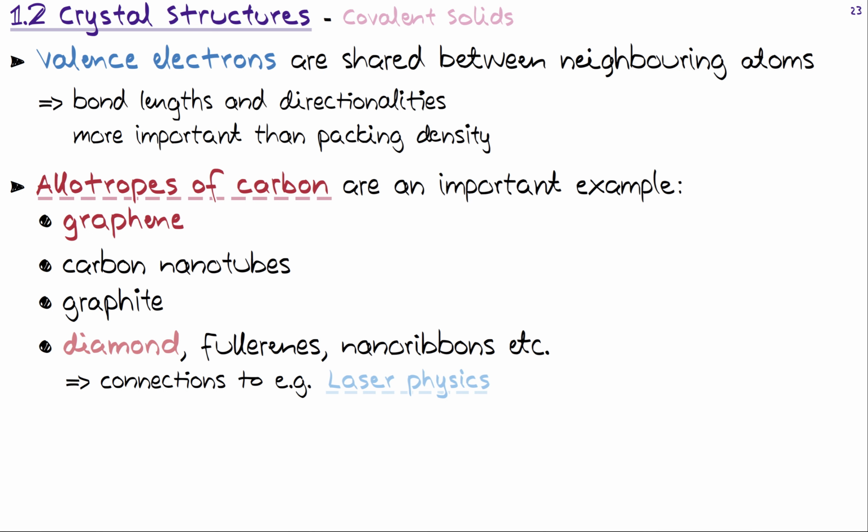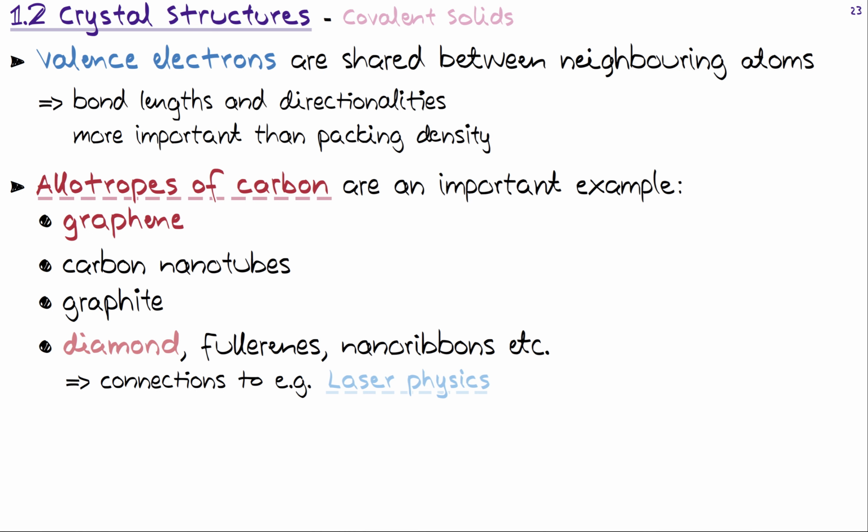And here I have a background in laser physics and optics, so I would just want to point out that there are, for example, connections to laser physics. So very quickly, when we are dealing with actual materials such as graphene and carbon nanotubes and diamond, then we start speaking of branches of physics that also have some direct applications.